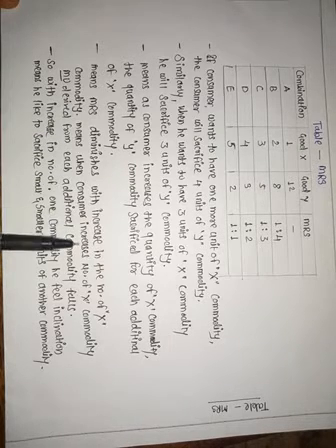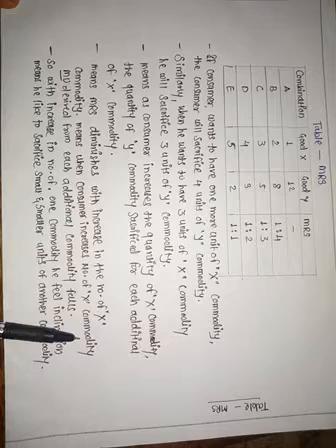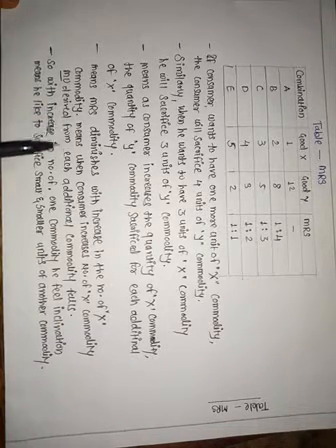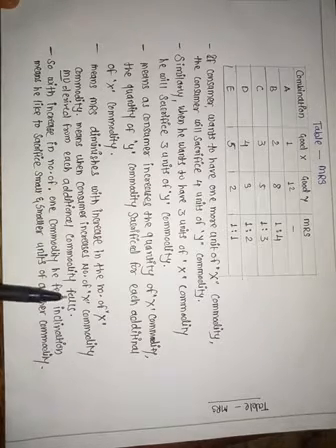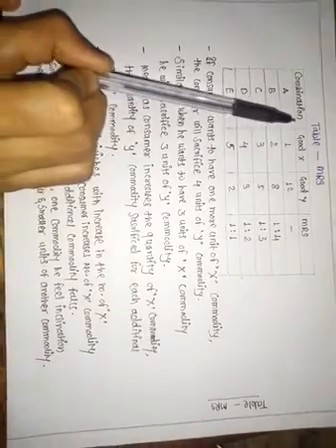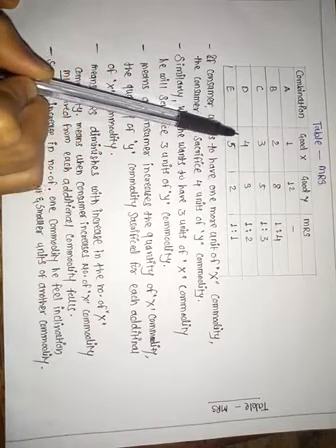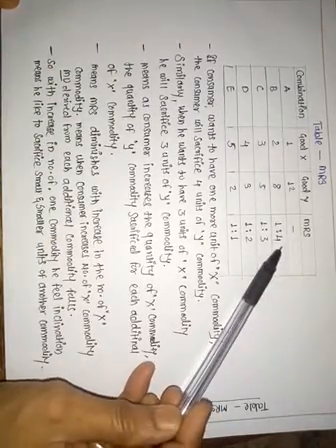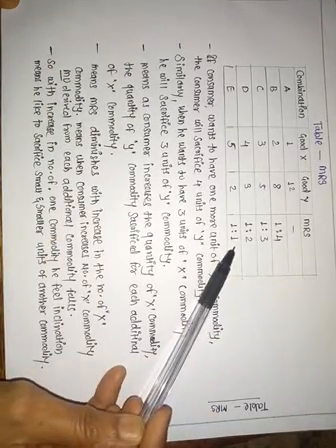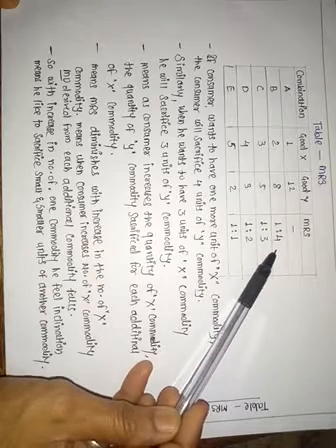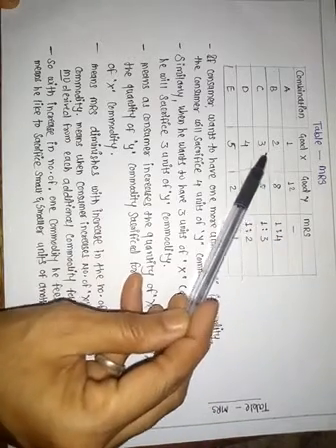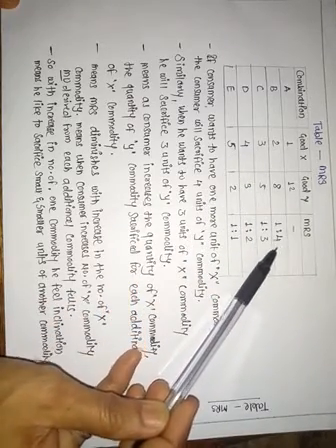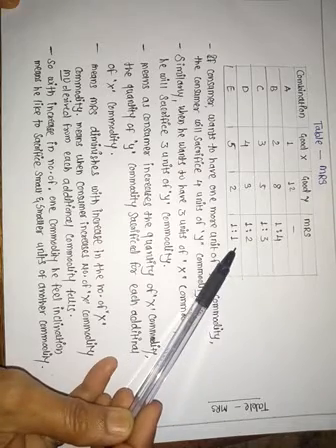When the consumer increases the number of X commodity, the marginal utility obtained from each additional unit falls. See here, if the consumer increases the number of the X commodity, the marginal rate of substitution decreases, means the marginal utility from the extra unit of X commodity falls.